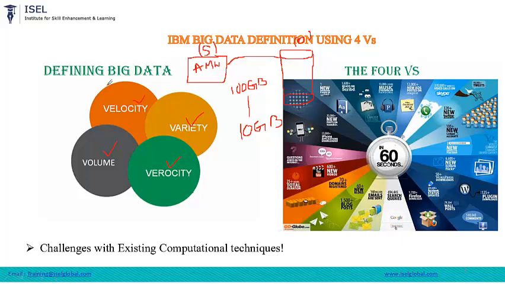So we have these characteristics, and this is how the data is getting added to the warehouse. But from where is the data getting added into your warehouse? On the right side you can see the picture very clearly: within 60 seconds, how much data are we adding to our warehouse?